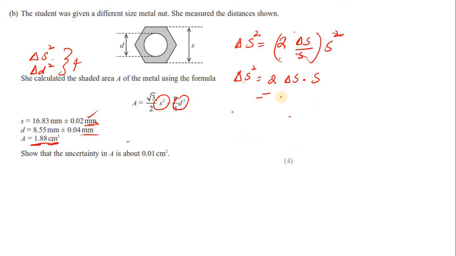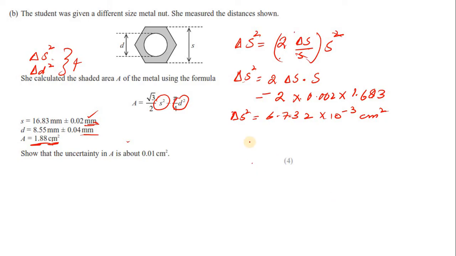So twice of delta S, delta S is 0.002, times S. S is 1.683. So delta S square would be equal to 6.732 times 10 to the power minus 3 centimeter square. This is the absolute uncertainty in S square.